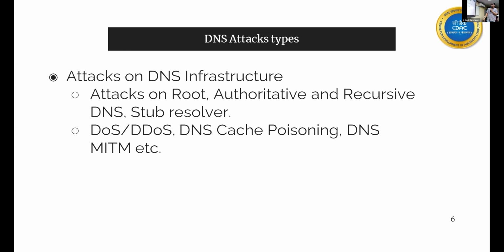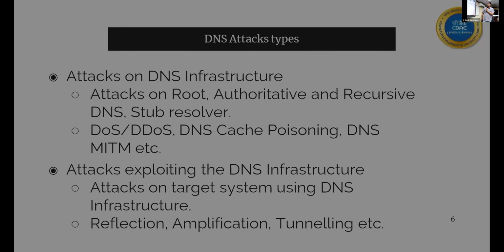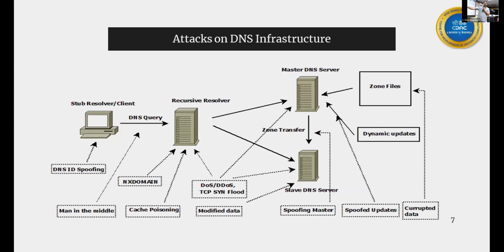Okay, let us continue now. So the first category of attack is attacks onto the DNS infrastructure. As I told you, attacks onto the root, attacks on the recursive servers, attacks on the authoritative DNS servers, and so on. These are some of the list of attacks mentioned here, which we'll discuss now. We have one more category, attacks exploiting DNS infrastructure, that we'll see later.